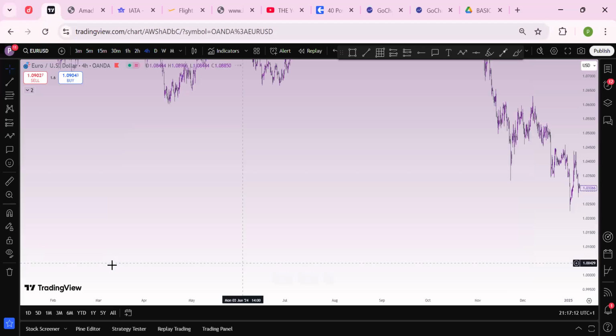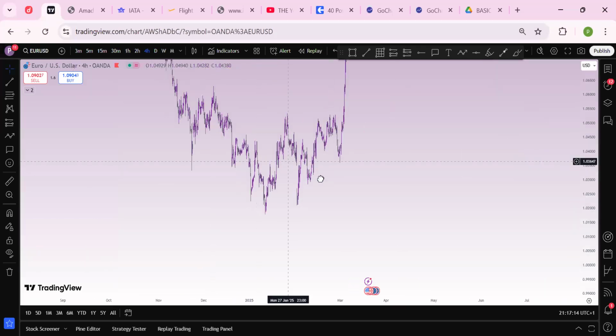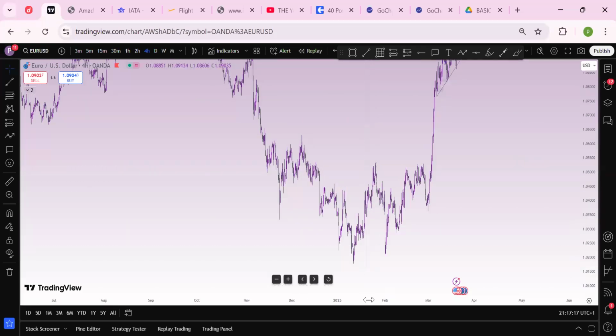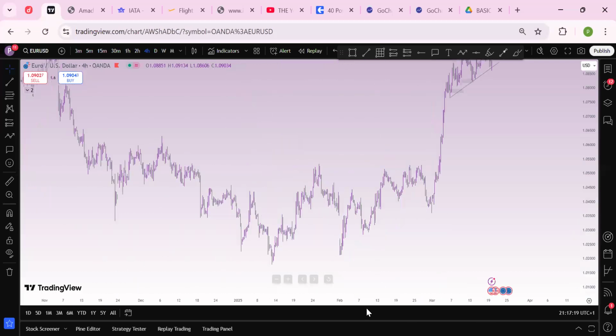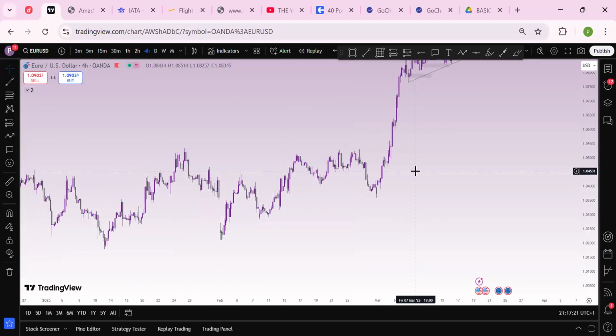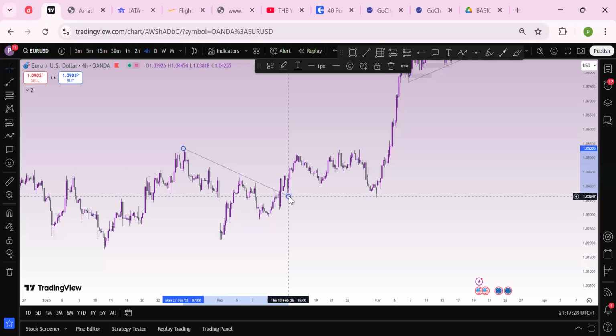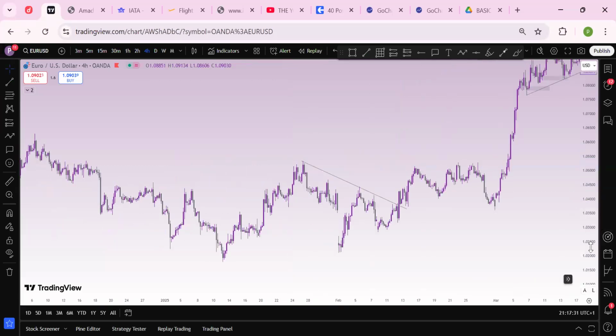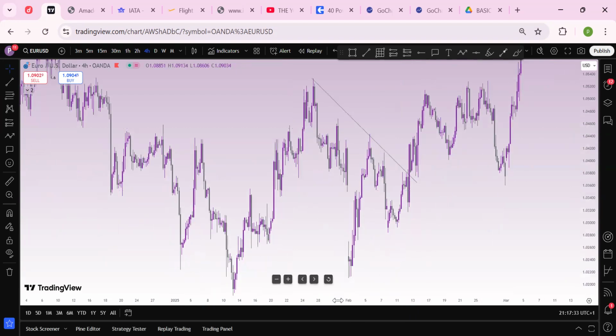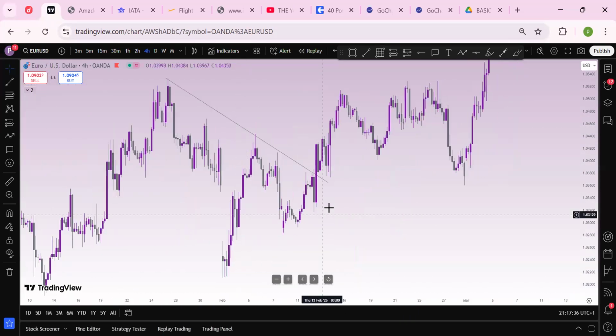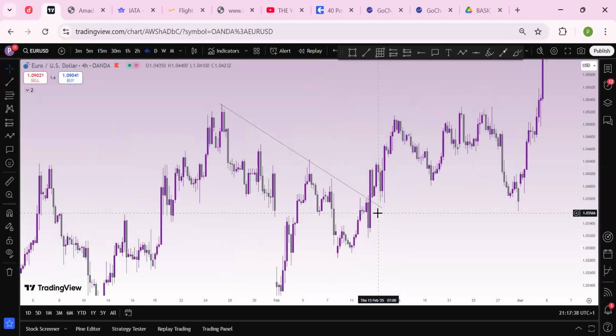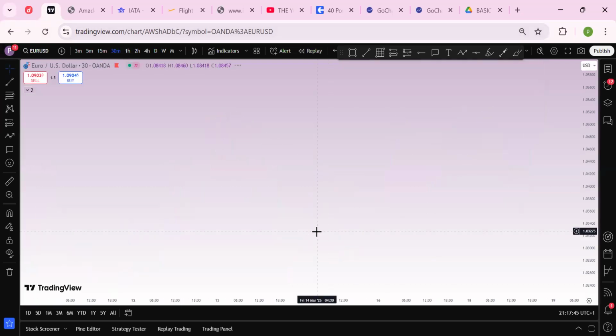I think this chart is kind of confusing me a bit. Okay, I found it. So this was the trend line. My entry was around this area. I went to the 30 minutes time frame to get a clean entry.